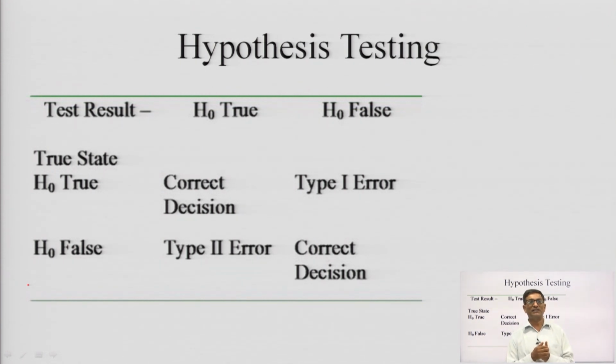Now, hypothesis testing, this is a very important table. Hypothesis testing, in test results, in true state: null hypothesis true and null hypothesis false. There are two conditions in true state, null hypothesis true and null hypothesis false, and these are the test results, null hypothesis true and null hypothesis false.